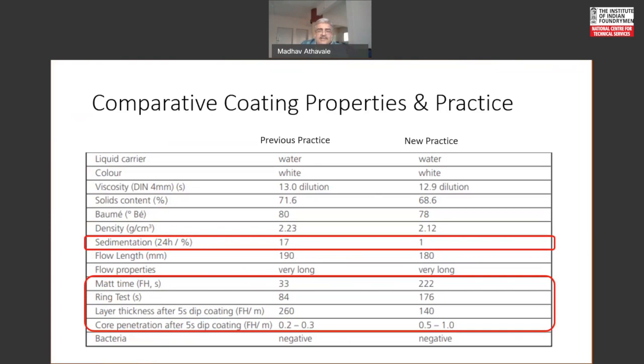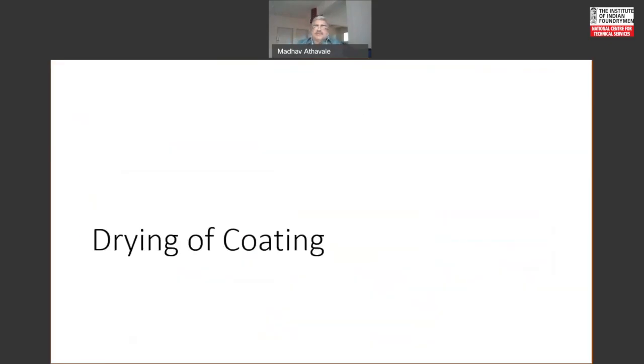As you can see, the new practice that they followed had a better penetration as compared to old practice. As a result, on the top, the coating thickness layer will be slightly lower, doesn't matter, because it is a combination. The metal penetration is being resisted by the filler which has penetrated inside the mold and core surface. So this is one example.